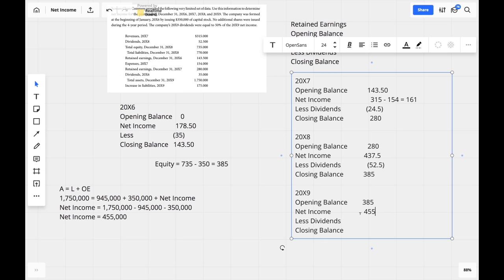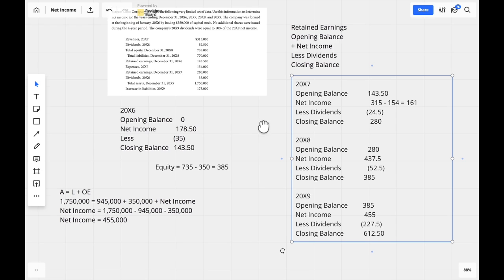So it's going to be a dividend of 227.5, and then to work out the closing balance, you have 385 plus 455 minus 227.5 is 612.5.